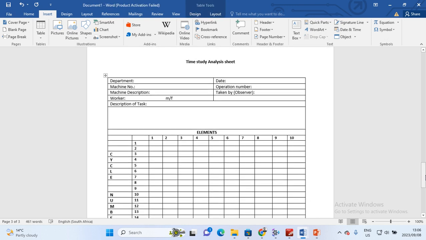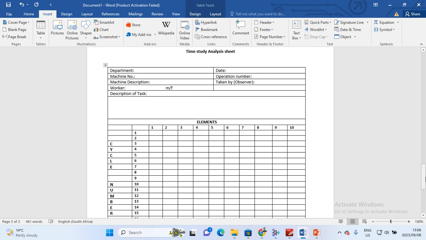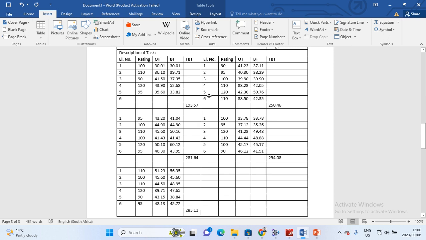For us to fill this form, you have to be careful. Remember, here we have our element 1 to element 10, for example, and we have our cycle number. Remember how many cycles we have in these activities. We have 1, 2, 3, 4, and 5. You might have 4 cycles, you might have 5 cycles, or you might have 10 cycles, depending on the activity.